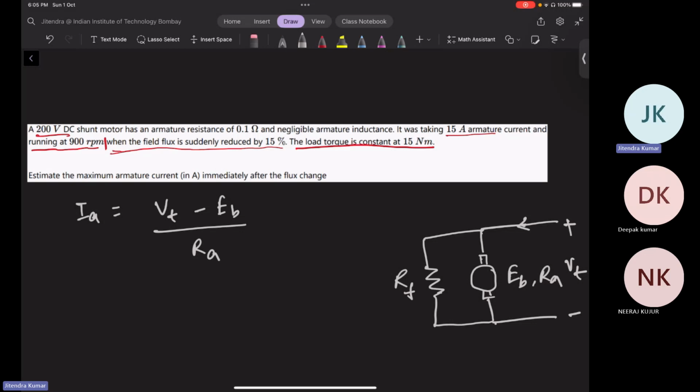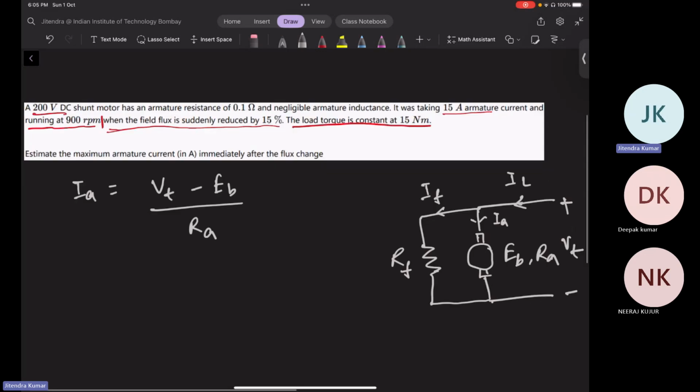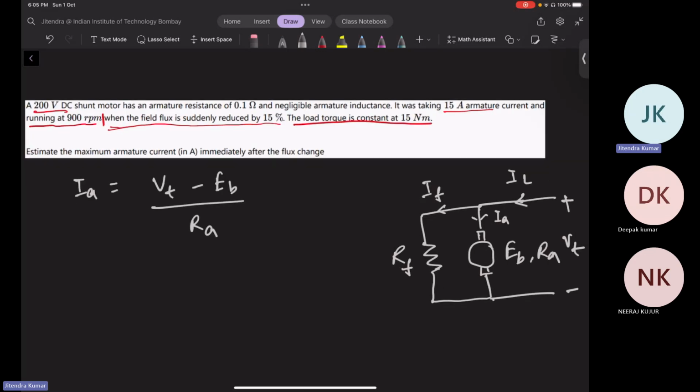It will draw line current. Some component of line current will go into field current, which will establish the field flux. Some will be armature current. The circuit of a shunt motor will look like this.